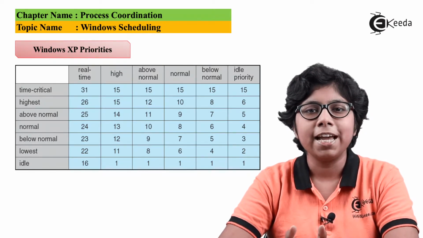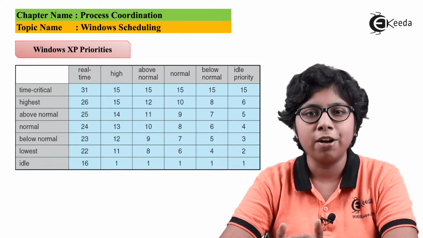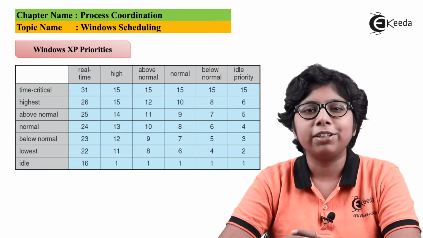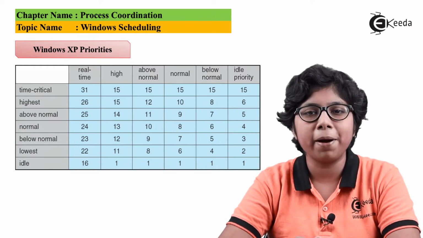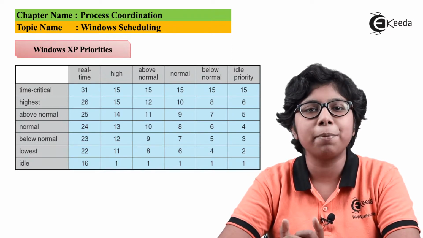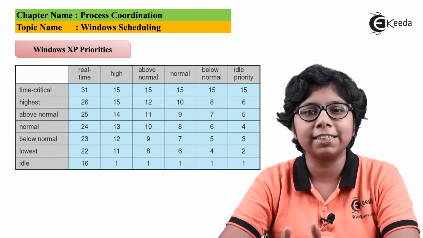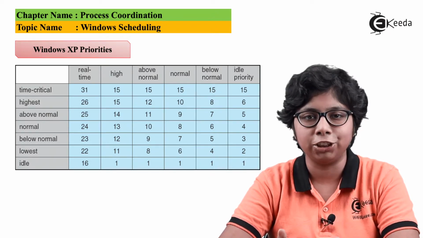Now we will see that there are different base priorities associated with each thread for the normal class. The default base priority is the normal priority belonging to any class. However, we can change the base priority of these classes using the SetThreadPriority function.